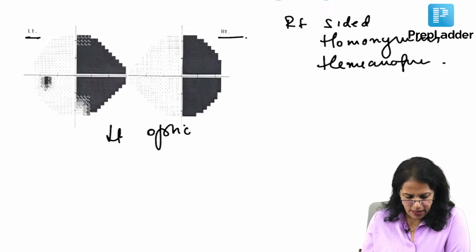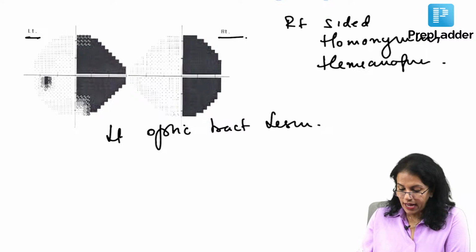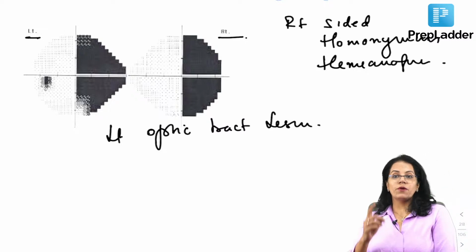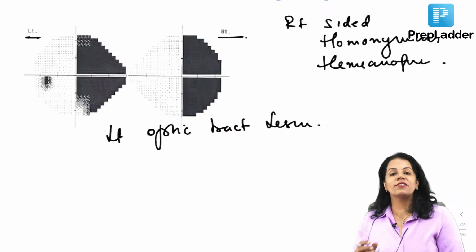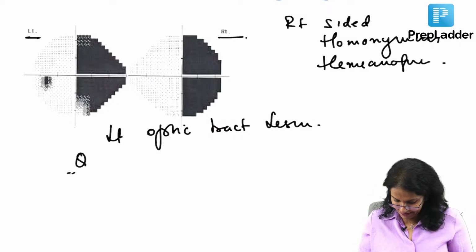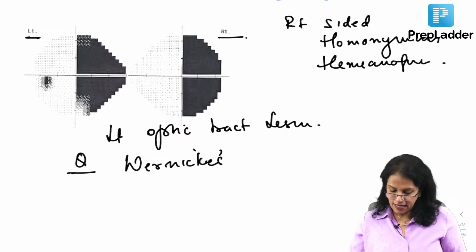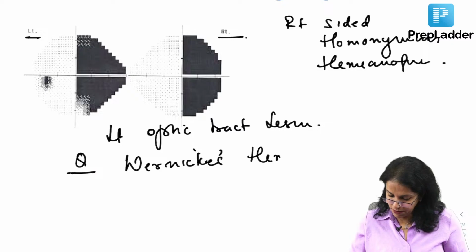And do you also remember, let's quickly revise, what was the other thing asked in the exam for optic tract lesion? It is Wernicke's hemianopic pupil. Wernicke's is the name we all know, where the pupil also reacts half and half. This is Wernicke's hemianopic pupil.